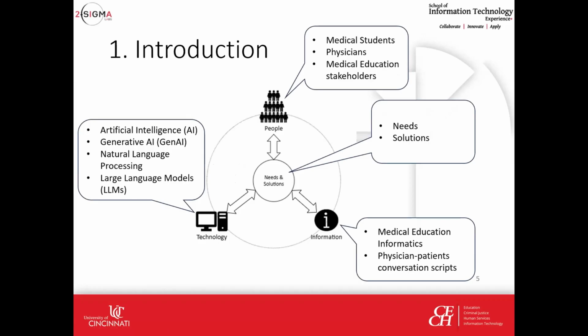So what does that mean in my research? The technology is AI: generative AI, natural language processing, and large language models. The information is about medical education informatics and physician-patient conversation.